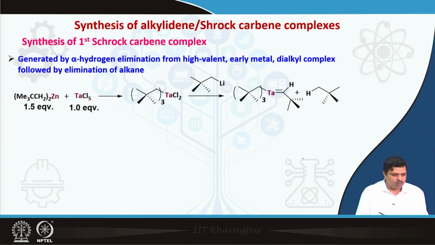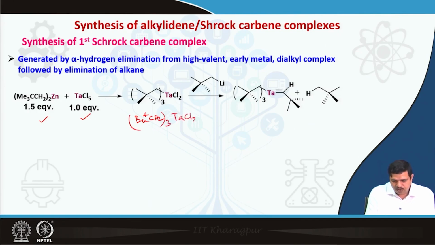Let's take one specific example, as we already discussed the strategy. If you take 1.5 equivalents of this neopentyl zinc reagent and 1 equivalent of tantalum pentachloride, then you will get 3. Basically this is the tert-butyl CH2 3 tantalum chloride, and then with 2 equivalents of neopentyl lithium salt, you will get the product.